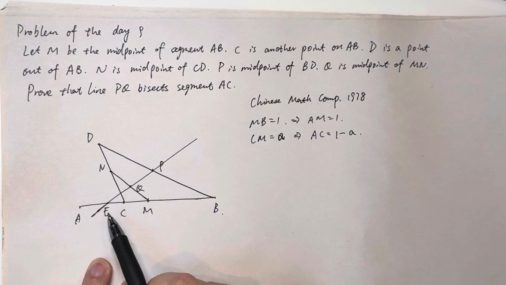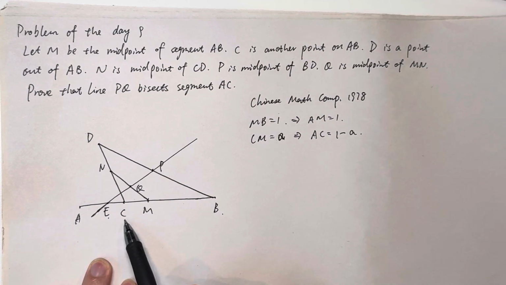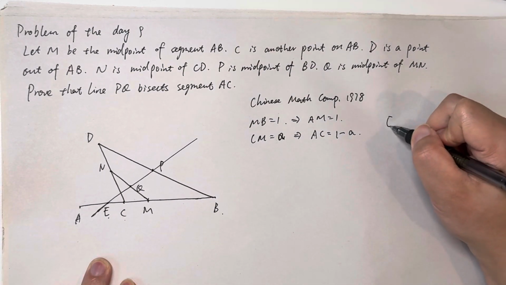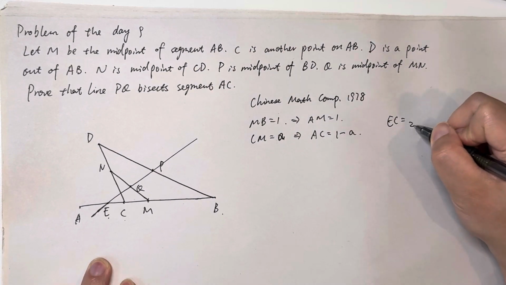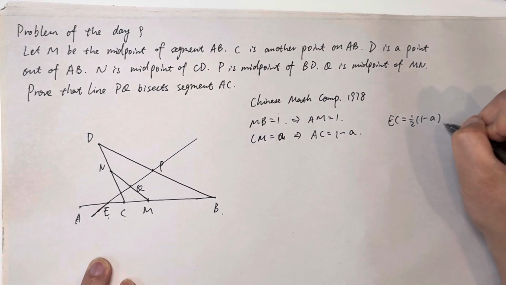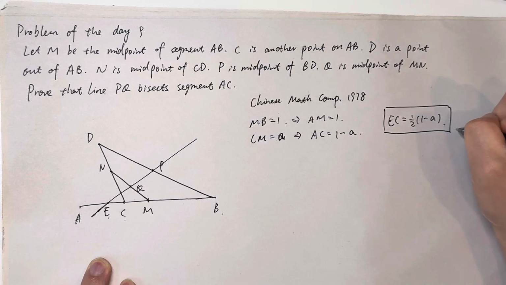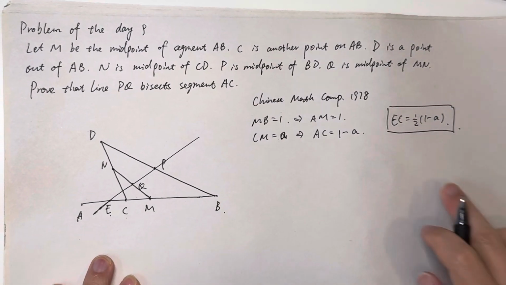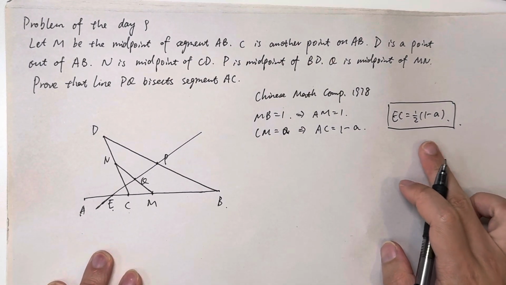And we want to prove that E is the midpoint of AC, which means we want to prove EC equals half of 1 minus A. Right, that's the target we're looking for.